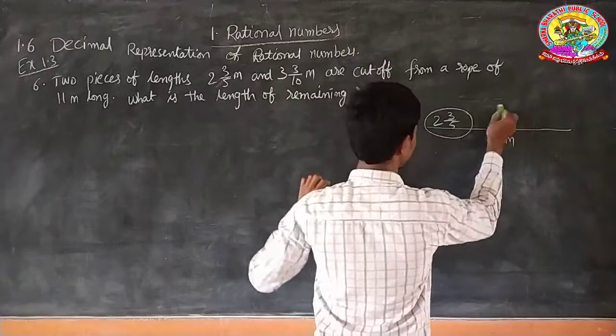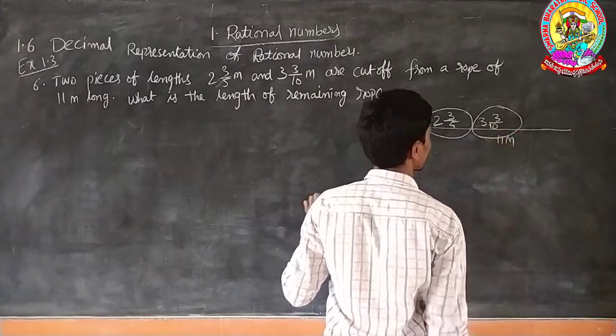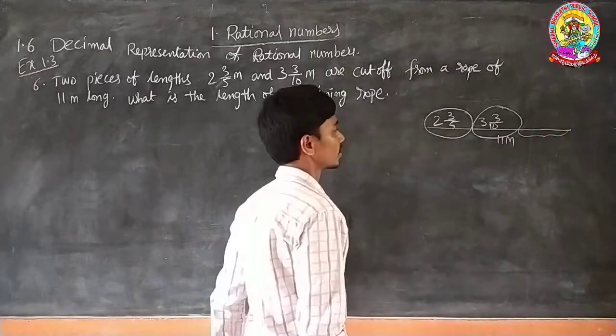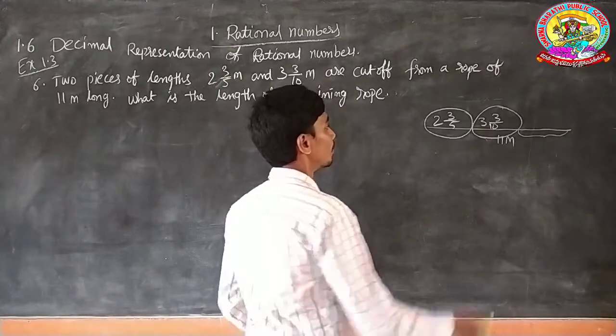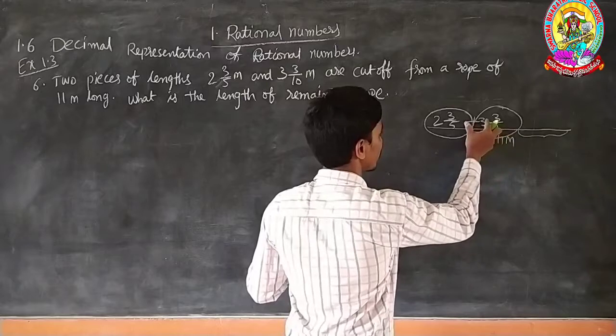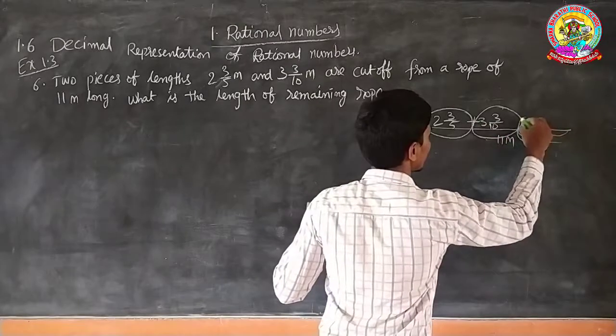The next cut part is 3 3 by 10 meters. You want to find the remaining length from the 11 meters. So how can we do this type of sum? By simply adding these cut parts and subtracting them from 11 meters, which should give us the remaining part of the rope.